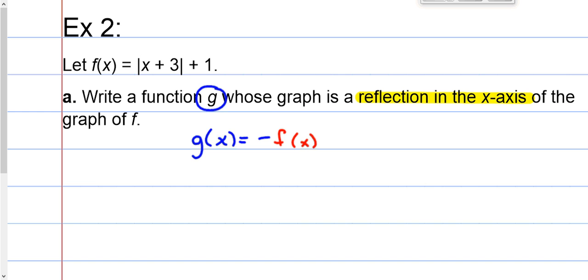So now all that's left to do is put that negative sign for my g of x on the outside of the entire f of x function, which is the absolute value of x plus 3 plus 1.